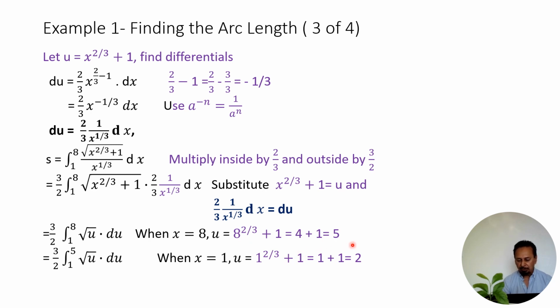So it becomes 4 plus 1 equals 5. Similarly, we put x equal to 1 in this formula: 1 to the 2/3 plus 1. 1 to the 2/3 is 1, so it becomes 1 plus 1, which is 2. So now this integral becomes 3/2 times the integral from 2 to 5 of the square root of u du.